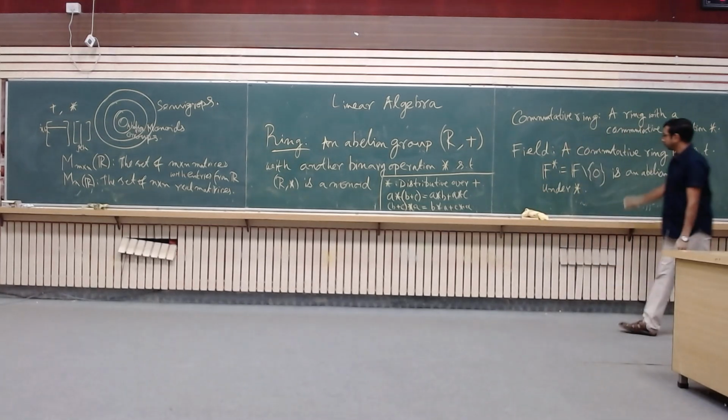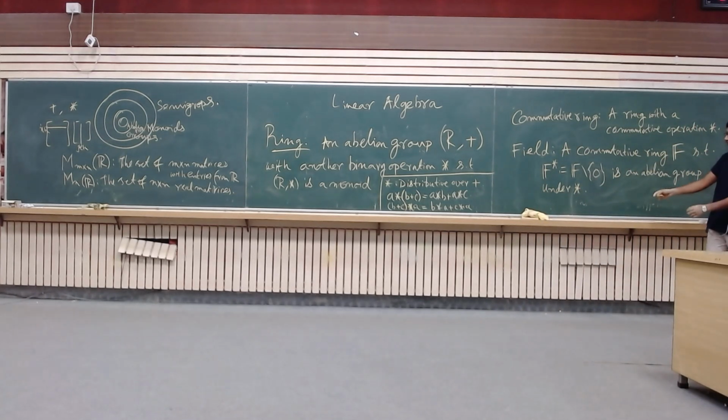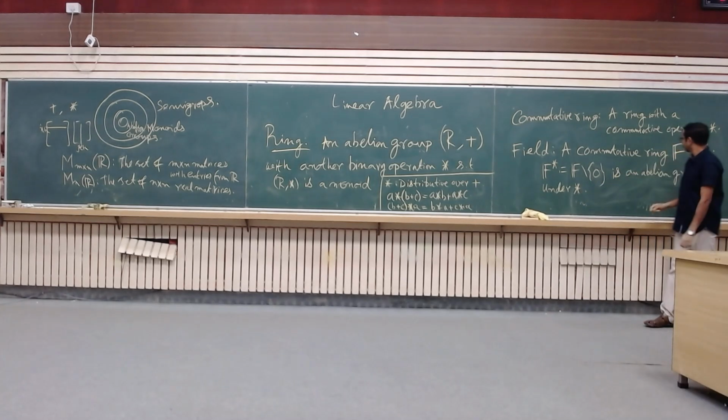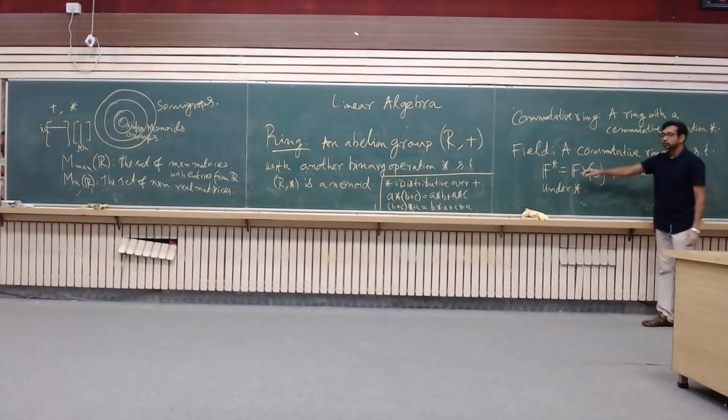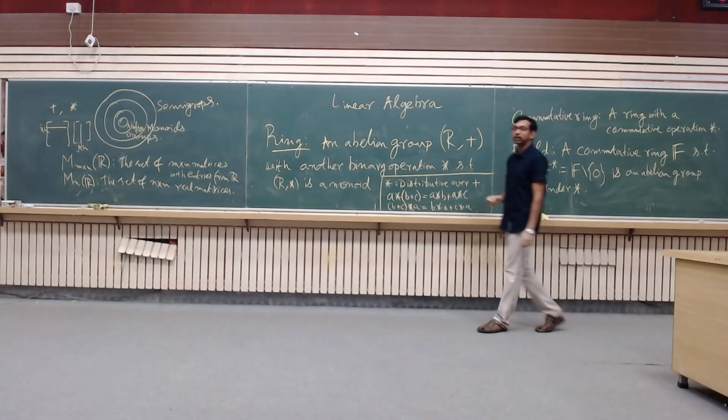Well, we are calling it a commutative ring, so this is anyway multiplicative. What more is that this will have multiplicative inverses of all the elements.